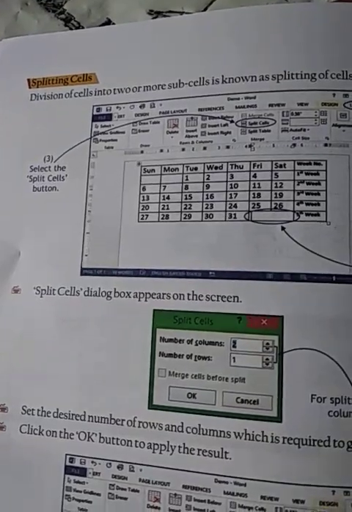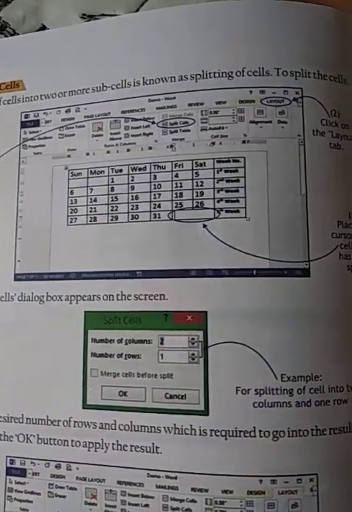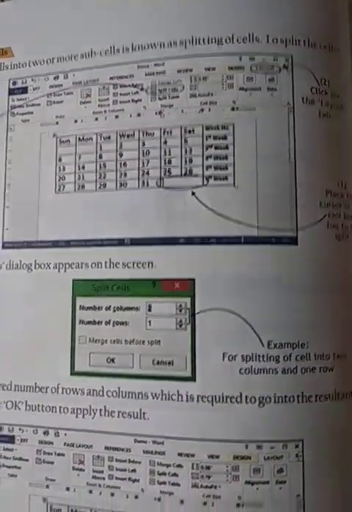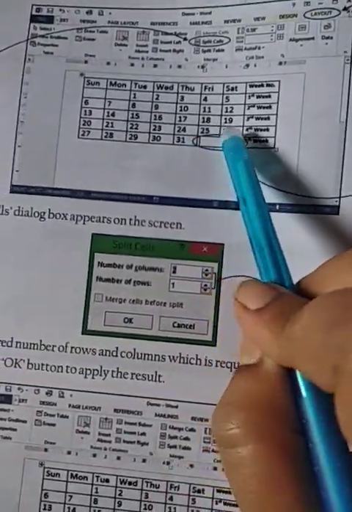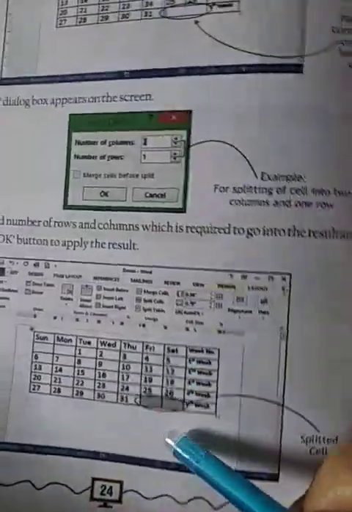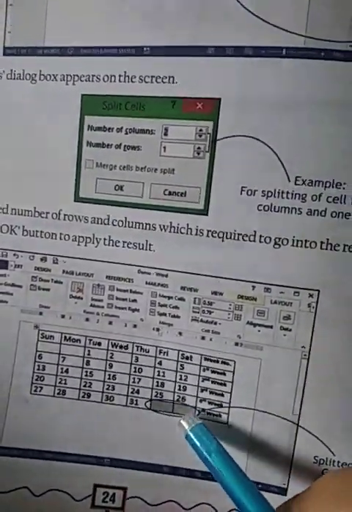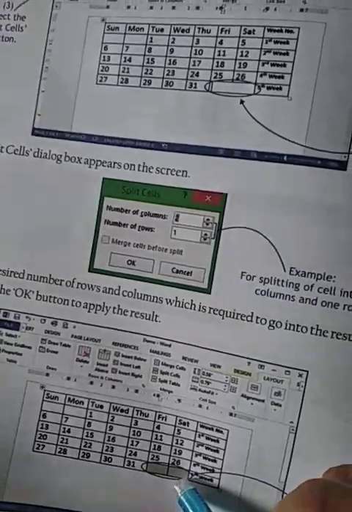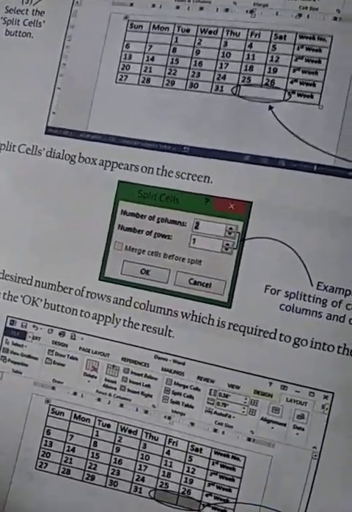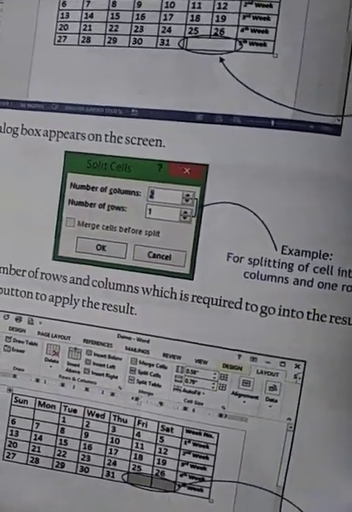Division of a cell into two or more subcells is known as splitting of the cells. See here, this is one cell, and now here they have divided it into two. So this is called splitting of the cell. One cell has been divided into two cells.